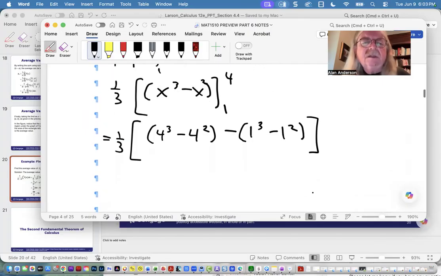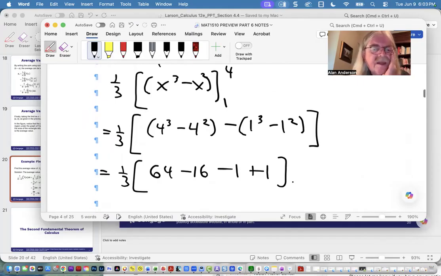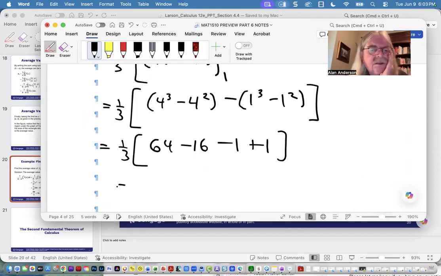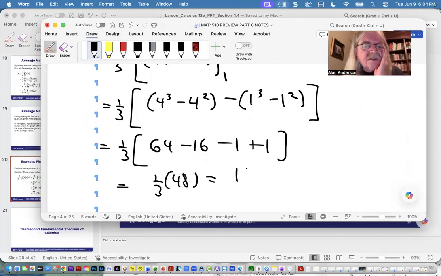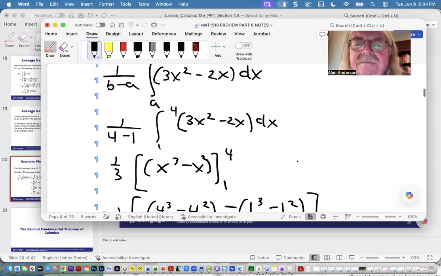Okay. So we have 64 minus 16 minus 1 plus 1, and we end up with 1/3 of 48, which is 16. So the average value of the function in this interval is 16.